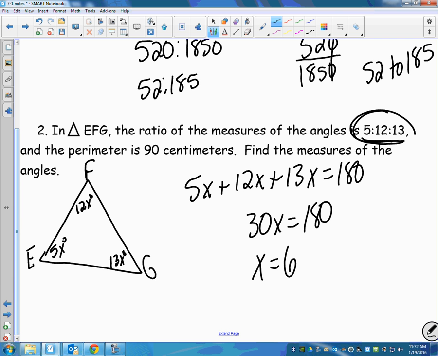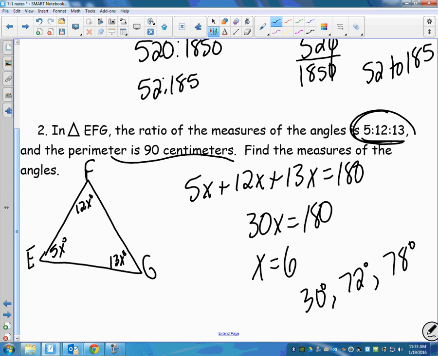Could you have just kept guessing different numbers for x until you got it? You could have, but I think this makes more sense. Now I can say that that would be 30 degrees. And that does simplify down to a ratio of 5 to 13.